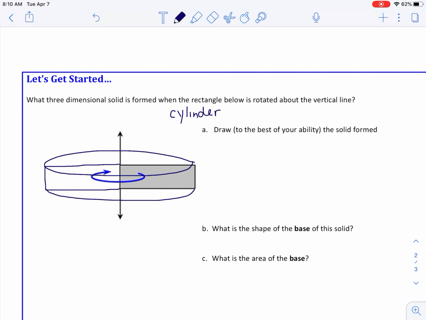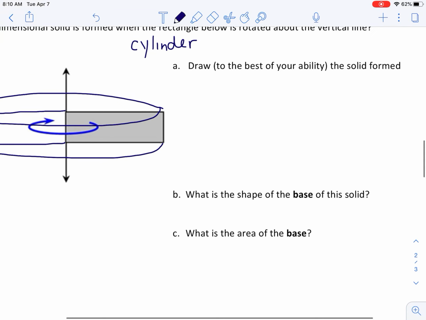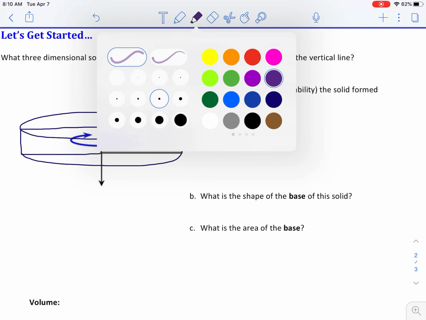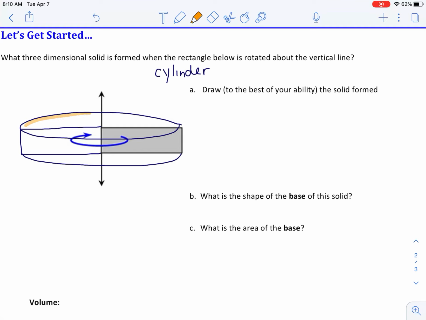But I want you to see that if it spins around and around, it's making a cylinder. And hopefully you realize that the shape of the base of this solid, remember there's two bases, doesn't have to be on the bottom. Now when I draw it three-dimensional, it doesn't look perfect, but the base is a circle.